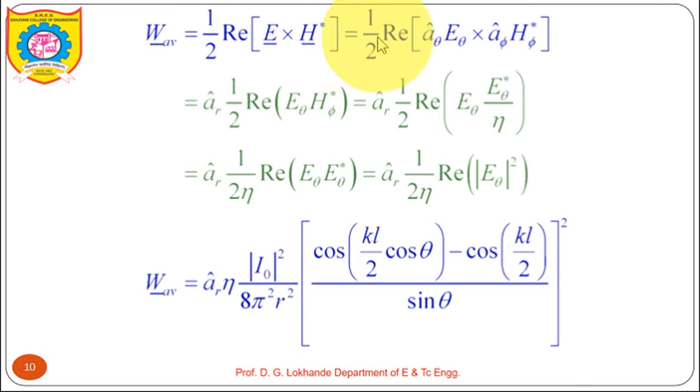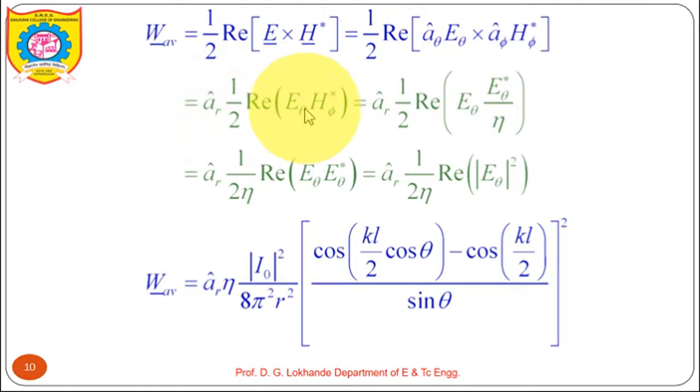So this is equal to 1/2 the real part of a_theta E theta cross a_phi H phi complex conjugate, and this is equal to a_r, because the cross product of a_theta and a_phi gives a_r.